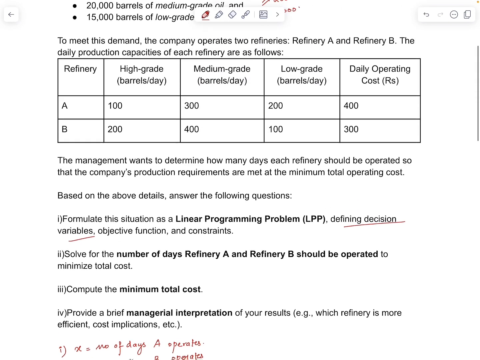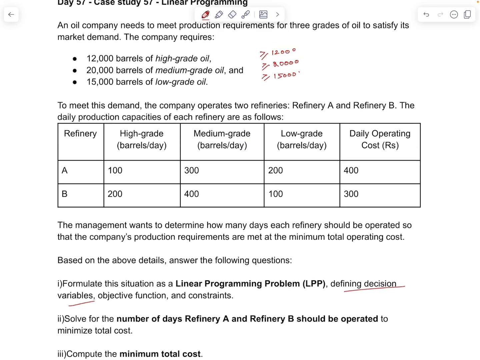Now going back to the question, for high grade the quantity required is greater than or equal to 12,000. 100X plus 200Y should be greater than or equal to 12,000. For medium grade it is 300X plus 400Y greater than or equal to 20,000.